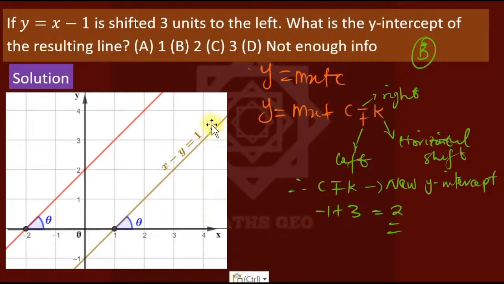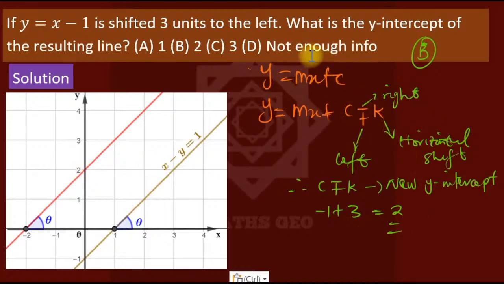The original line was y equals x minus 1. If you shift 3 units, 1, 2, 3, you see the new y-intercept, which is 2. So that's the answer.